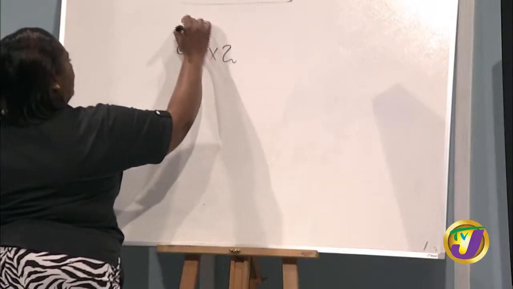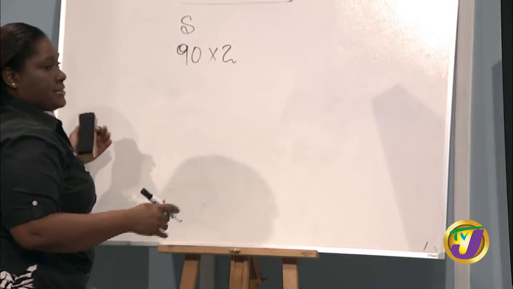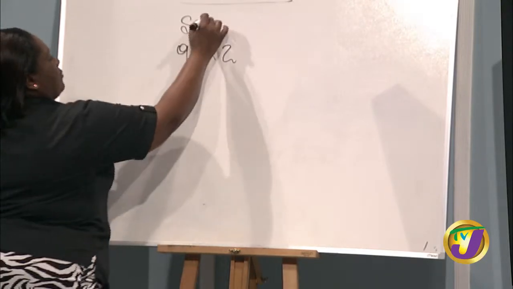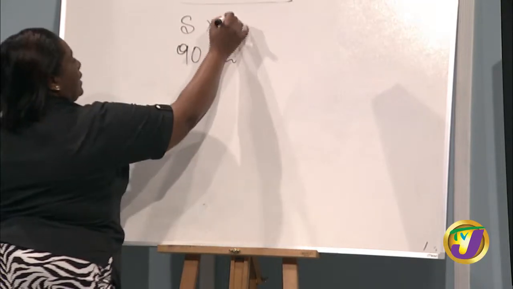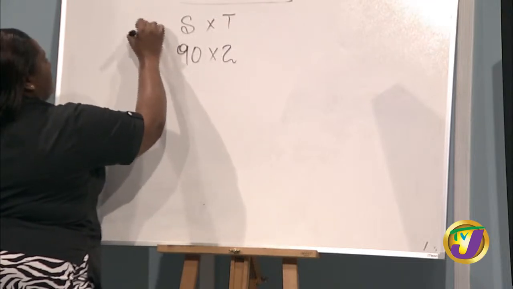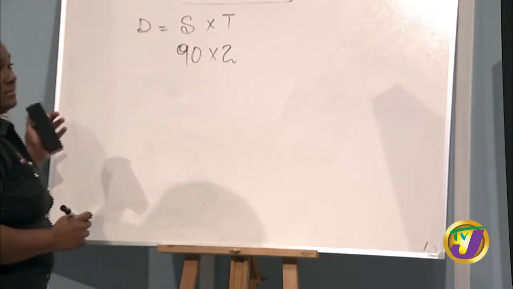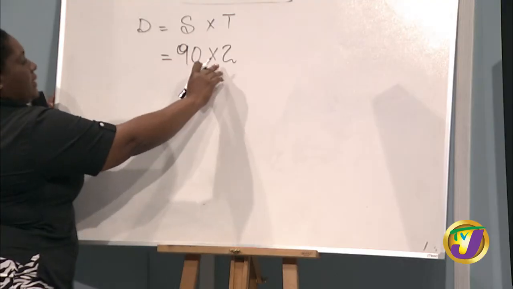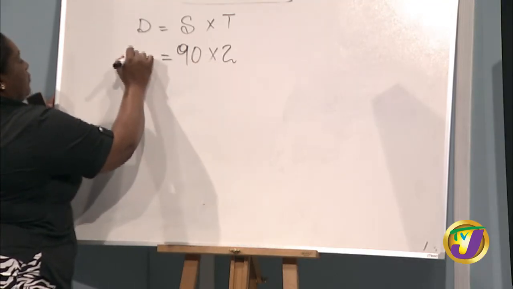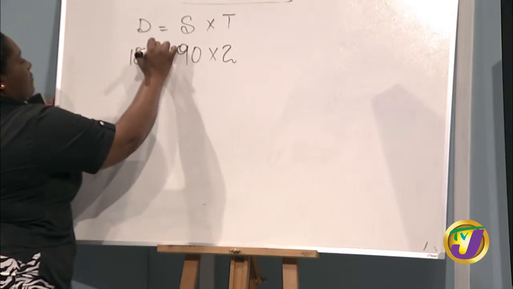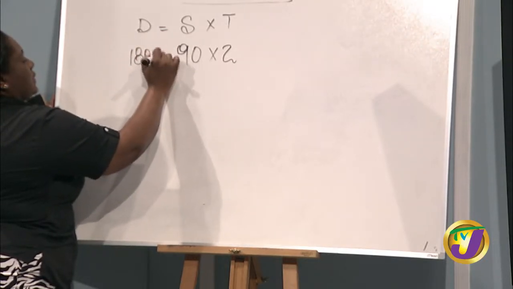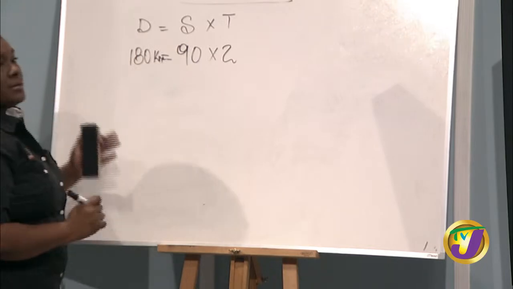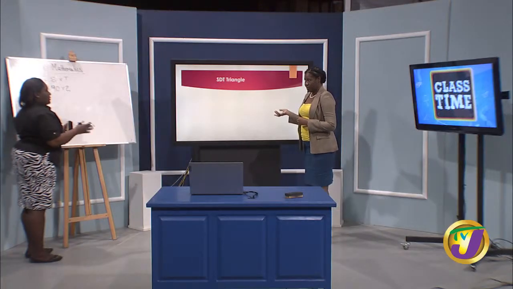So we were given the speed, and I'm using S to represent speed, and we were given the time, and I'm using T for time, and we want to find distance. If we multiply 90 by 2, then we will get a total distance of 180 kilometers, which was mentioned in the question.